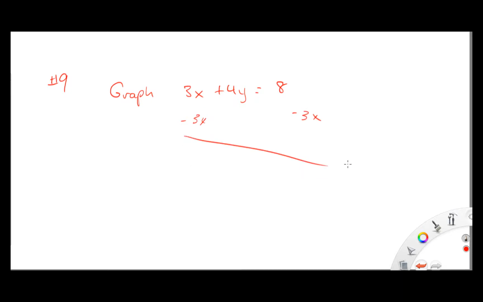We're left with 4y equals negative 3x plus 8. We divide by 4 each term. We're left with y equals negative 3 over 4 x, or rise over run, plus 2, because 8 divided by 4 is equal to 2. Now we can graph that. y equals negative 3/4 x plus 2.